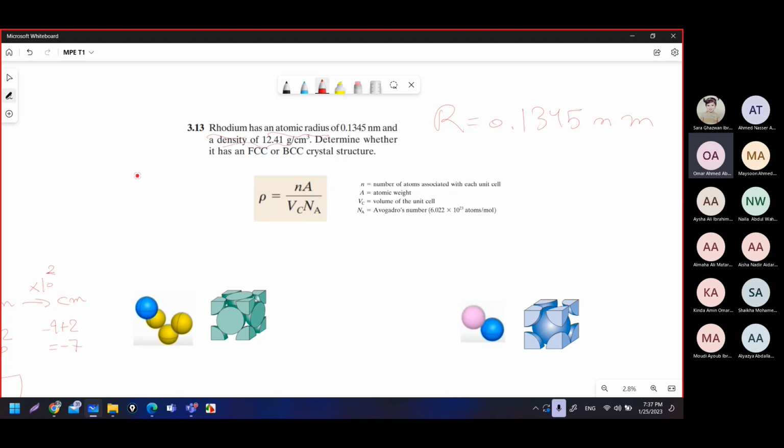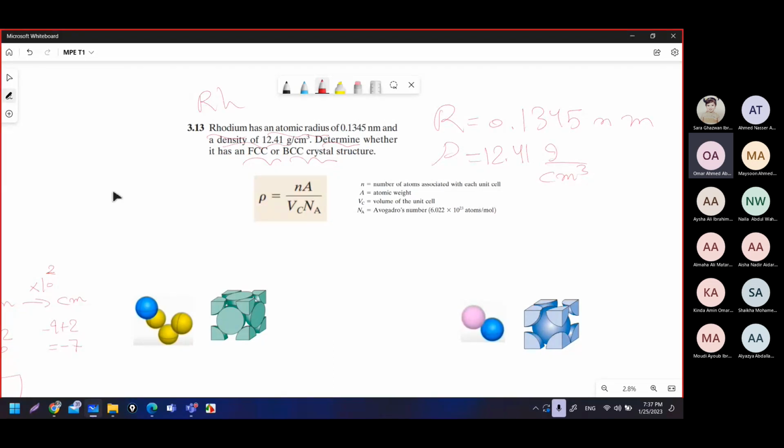And a density of 12.41 gram per centimeter cubed. He already gave me the density. Determine whether it has an FCC or BCC crystal structure. So I want to know, does this rhodium, Rh, have an FCC structure or a BCC structure?